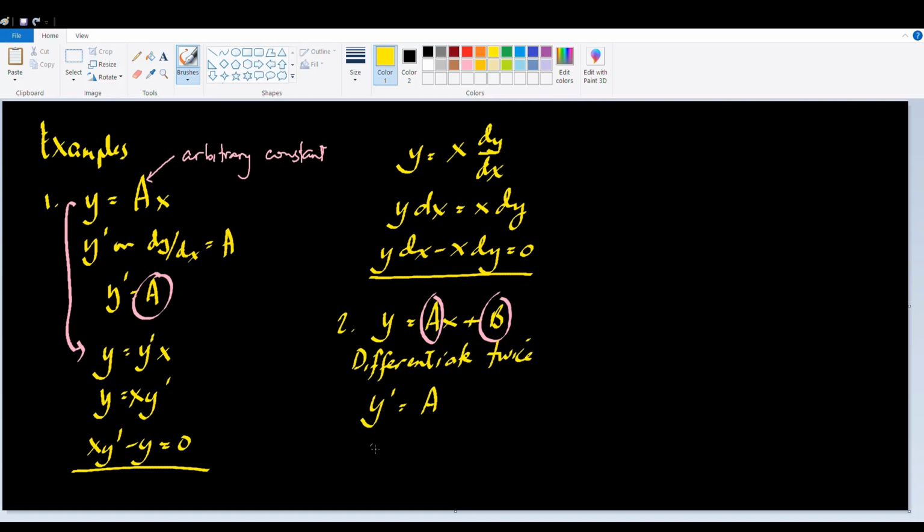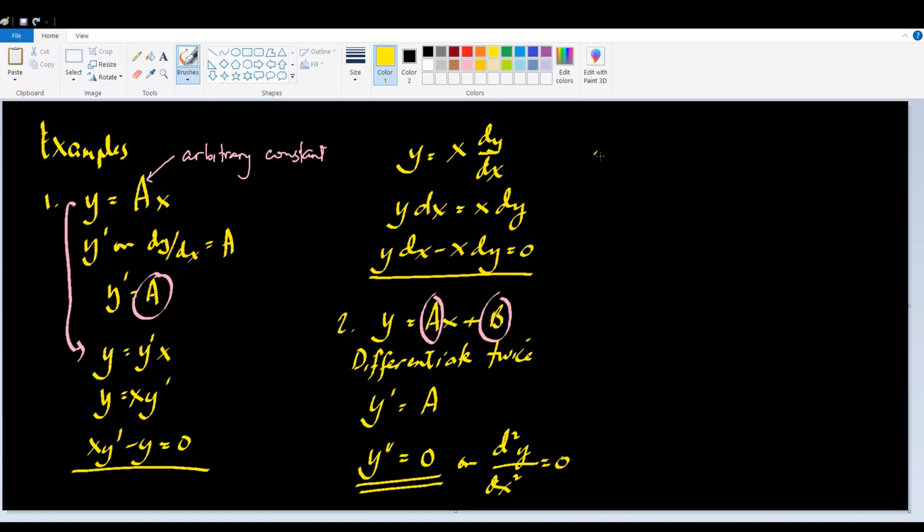Applying differentiation again, the derivative of y prime is y double prime, and the derivative of the constant a is 0. So we have a second order differential equation, y double prime equal to 0, or we can write it in the form d squared y over dx squared equal to 0.